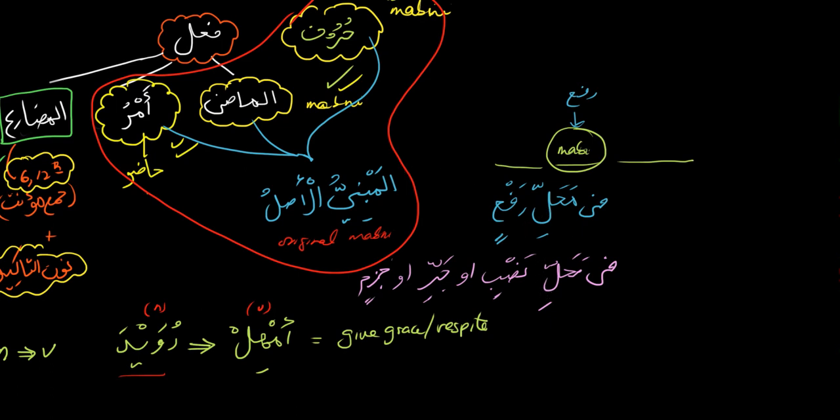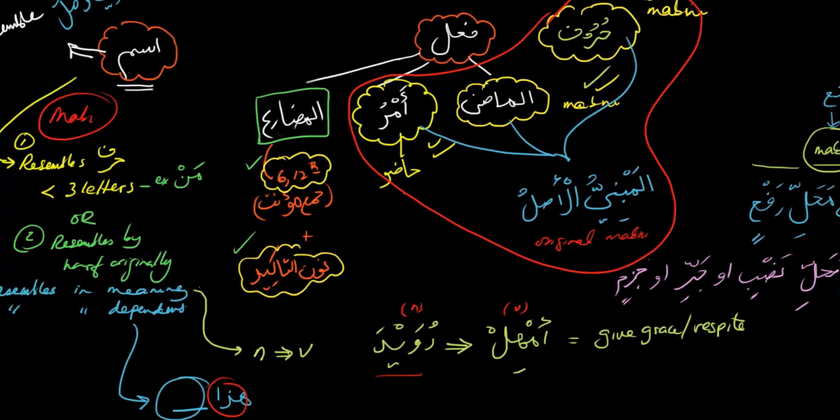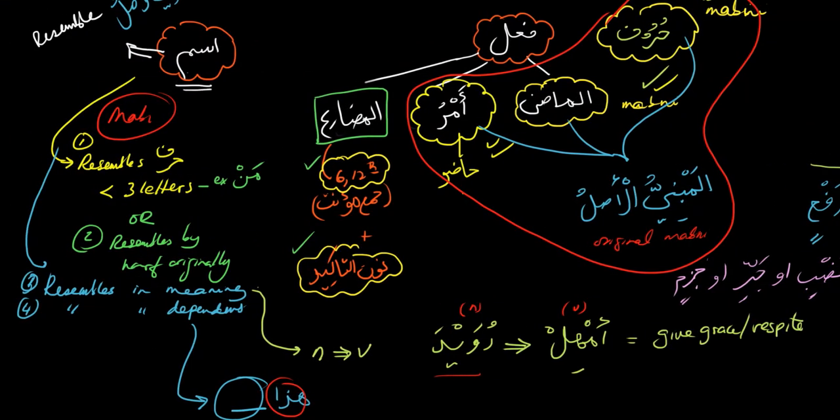Okay. Now we shall go on with our discussion to the next section. Now we're going to talk about declinable words. So basically, all that are mu'rab among the verbs is kind of the opposite of what we just did before.